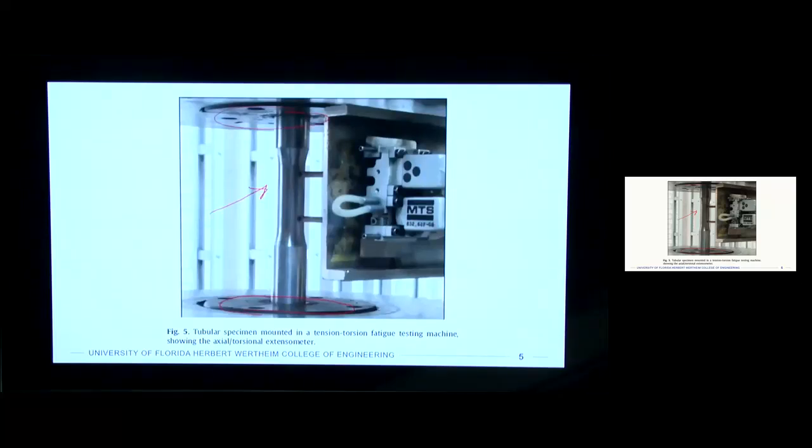And then behind one of these chucks is an actuator. And so that actuator, in this case, is going to provide tension and torsion. So it's going to extend the sample or compress it, and then also superimpose torsion on top of that. And then what's shown here is these 2 little prongs coming out.